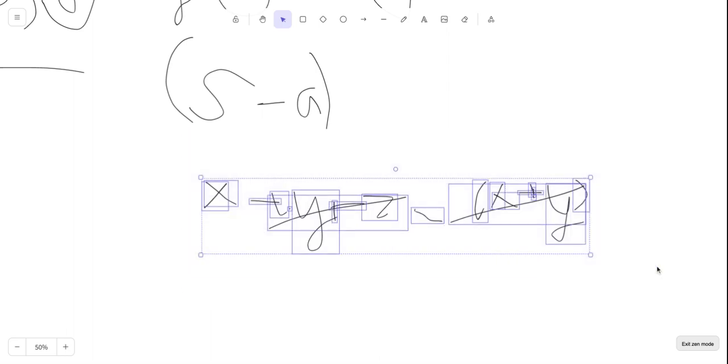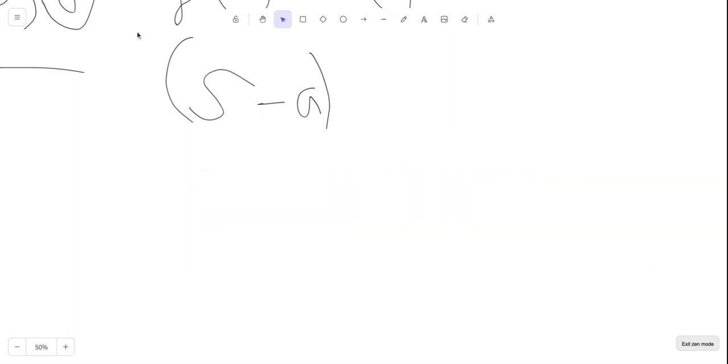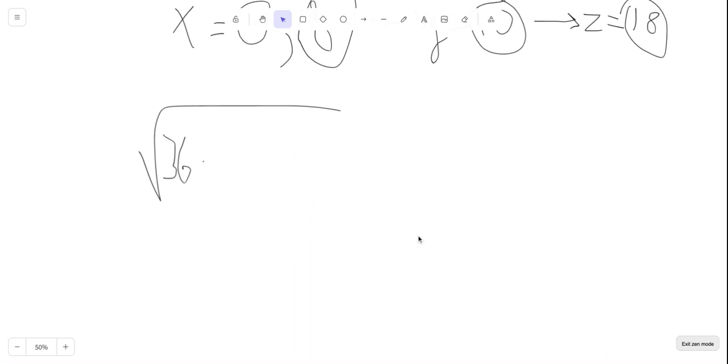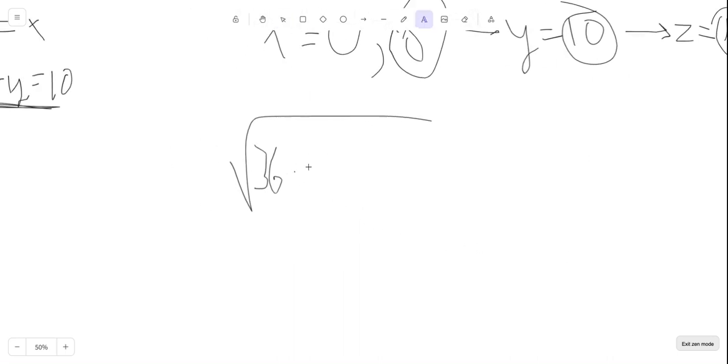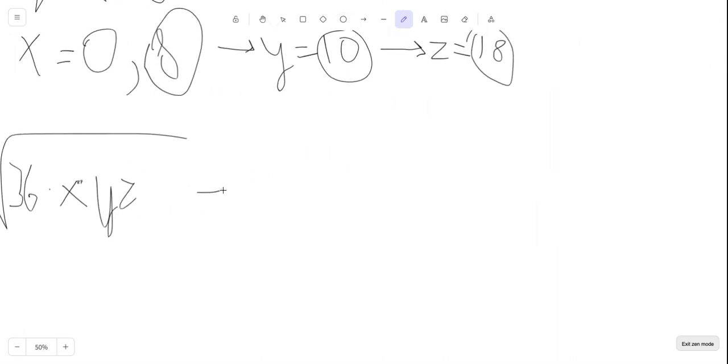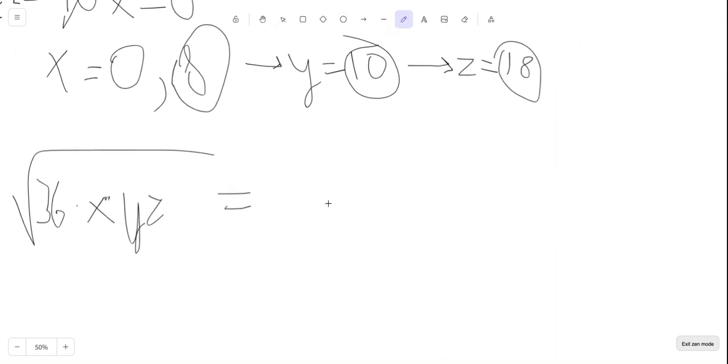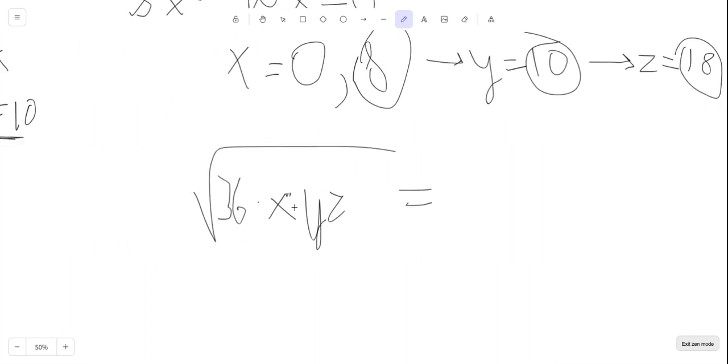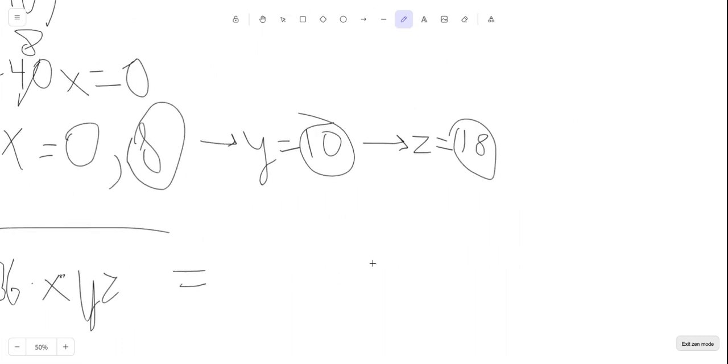So each of these terms, s minus a side, is one of x, y, or z. You can work it out for yourself using Heron's formula. So we would get x, x, y, z, and now that gives our final answer. We can multiply it out.